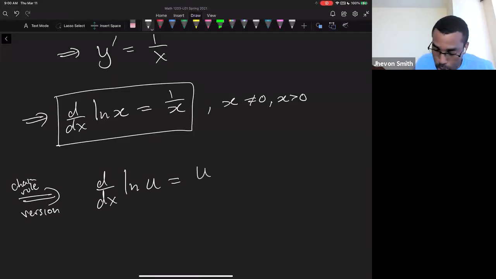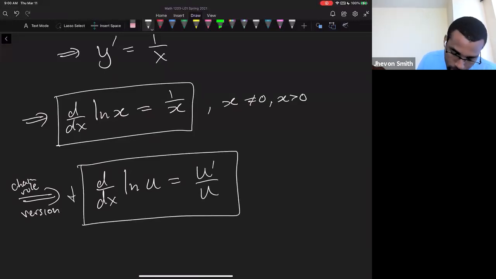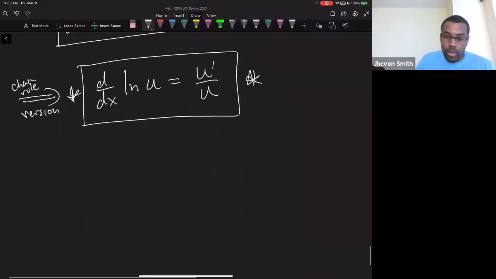So you get u prime over u. And I'd rather you memorize that version. Because even if your u is x, your u prime becomes 1, you get back the old rule, the basic rule. So that's how we differentiate a logarithm. A natural logarithm, really the only one we should care about.